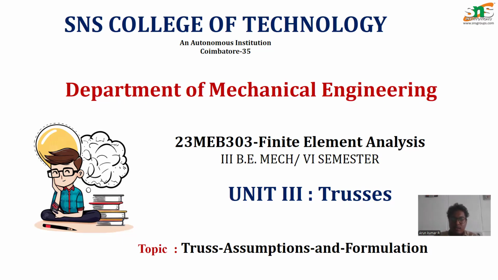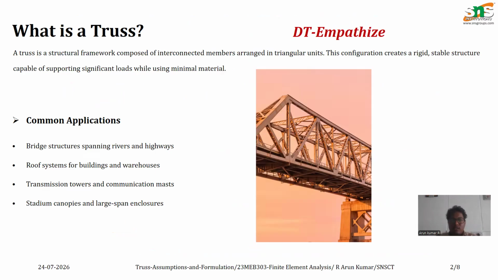The truss is nothing but a structural framework composed of interconnected members arranged in triangular units. This configuration creates a rigid and stable structure that is capable of supporting significant load while using minimal material. So what are the common applications for the truss?